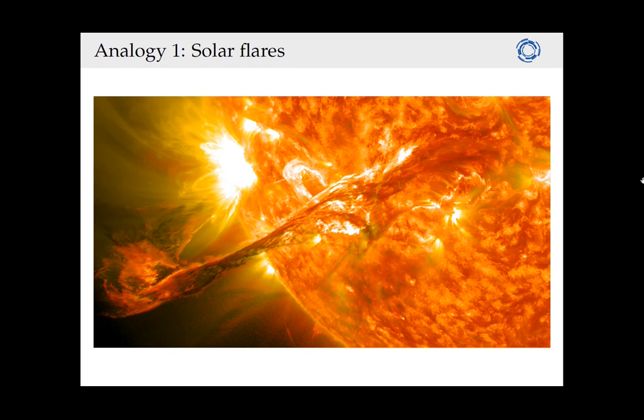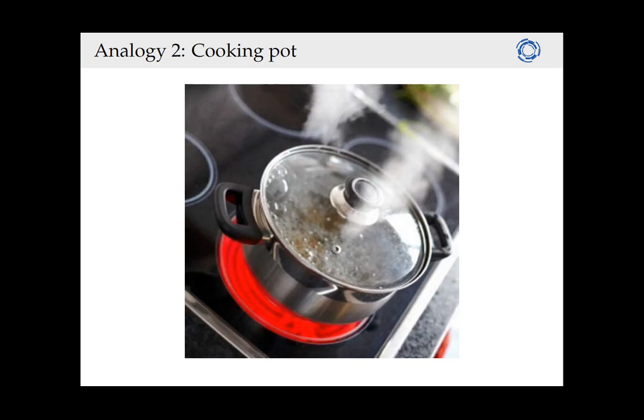There is a certain analogy, also due to the magnetohydrodynamic origin, with solar flares, and also a more down-to-earth analogy that I'm showing here of a cooking pot, where if you put a lid on a pot with boiling water, and the pressure builds up, it's going to be sufficiently strong to temporarily lift the lid, hence creating a channel to release some pressure.